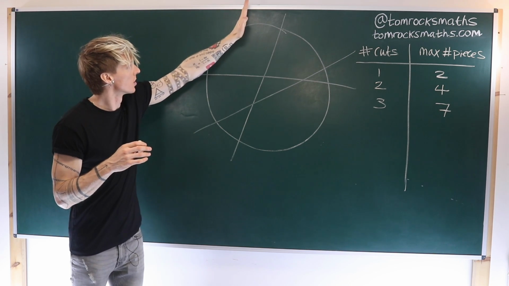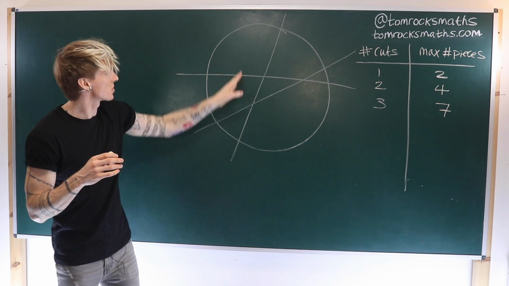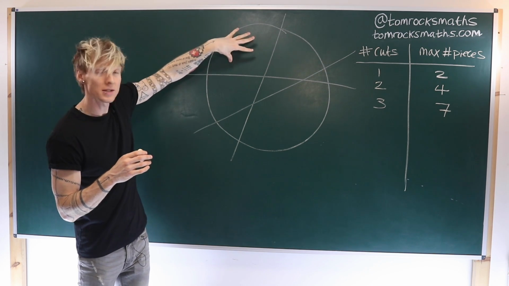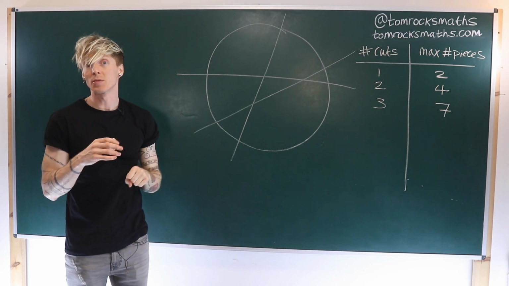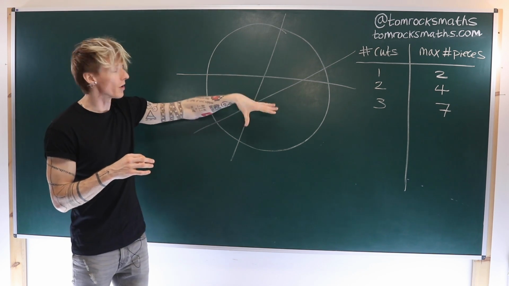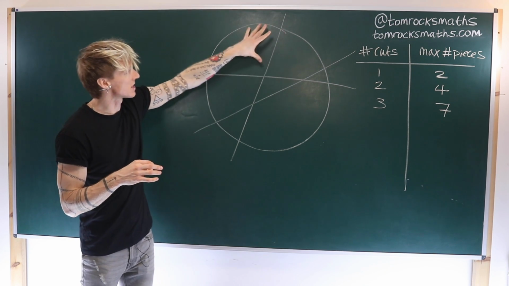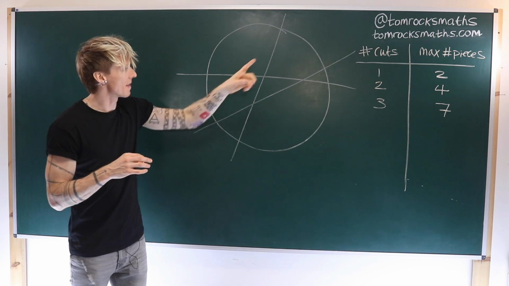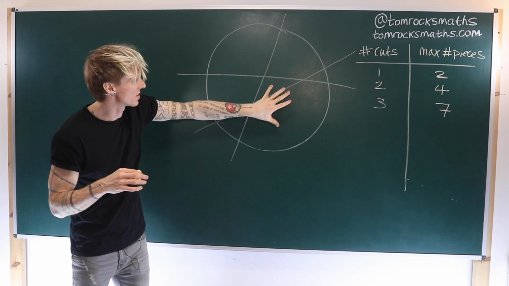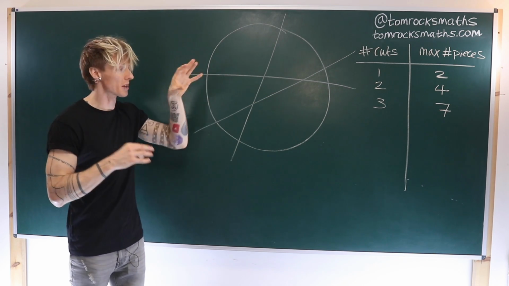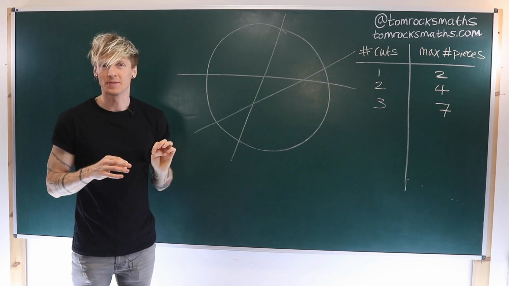I could have also drawn something like this, which would intersect one of those previous 2 lines, dividing the top one into 2 and the bottom one into 2, so adding 2 to our total. And then the one that I've drawn actually intersects both lines that were already present, and this divides this region into 2, this region into 2, and this one into 2, adding 3 to our total to give us what is the maximum of 7.